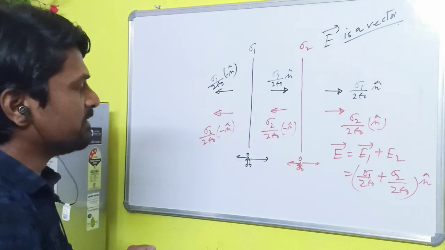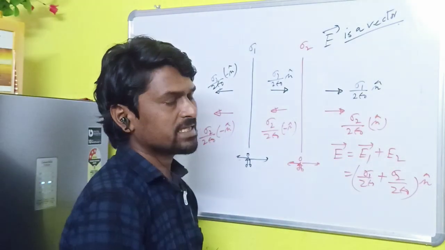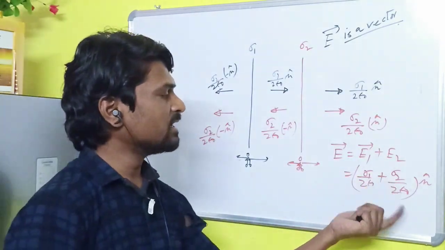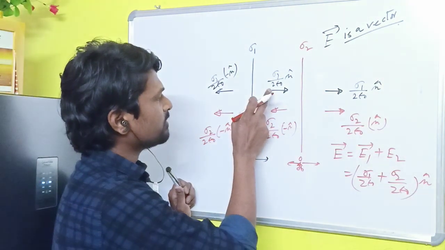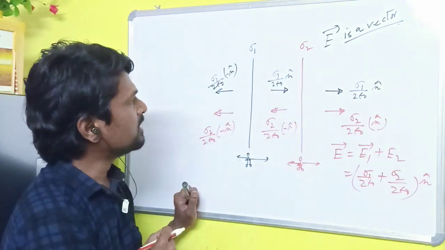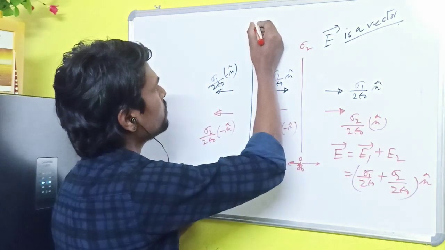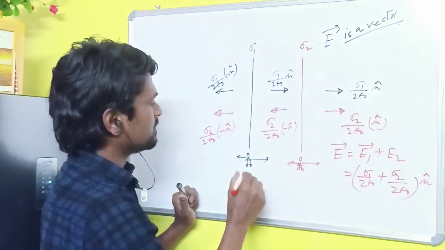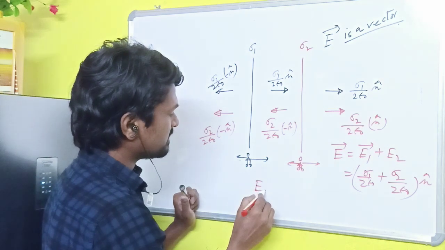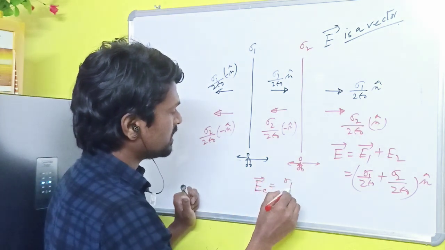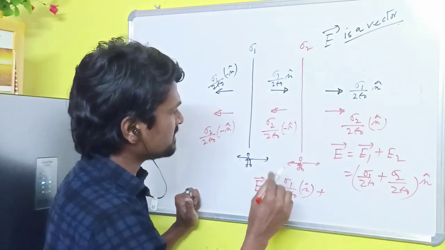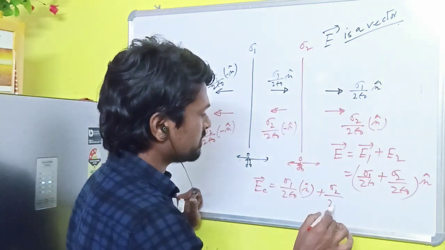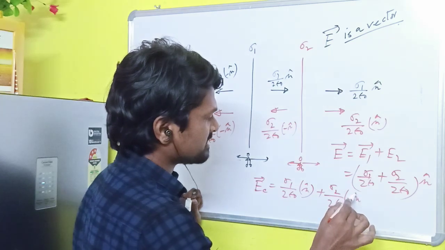So if sigma 1 and sigma 2 are the two densities of charges given, then you put them here and get that result. And for that, you have to know the electric field at the center, which is equal to sigma 1 by 2 epsilon naught n cap plus sigma 2 by 2 epsilon naught into minus n cap.